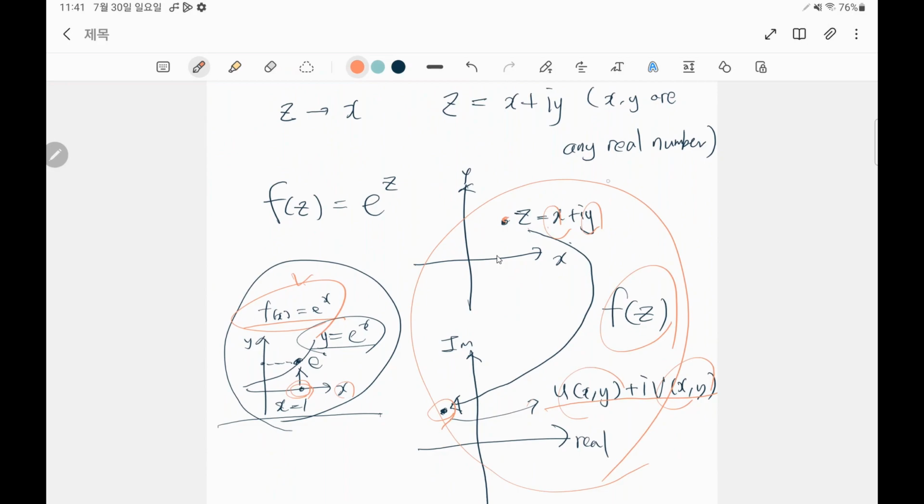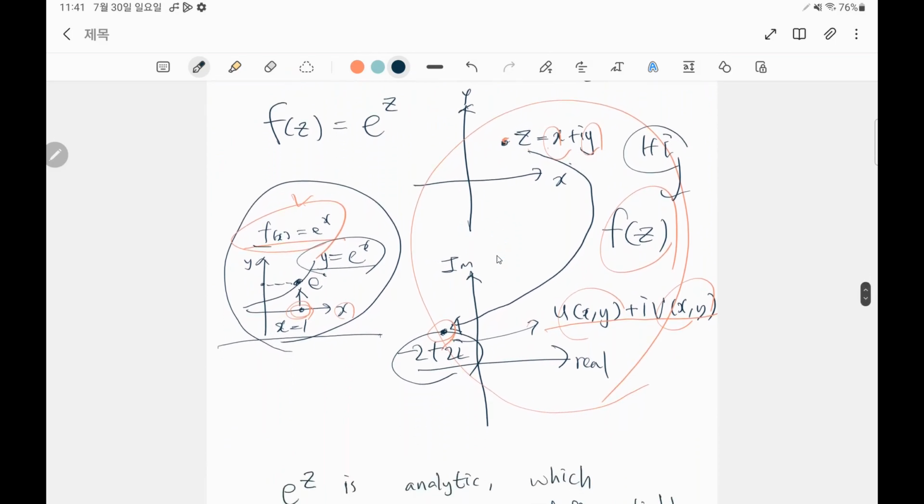Generally you can plug in 1 plus i, and it spits out something like minus 2 plus 2i. We're used to f(x) equals e to the x, where x is a real number, like x equals 1; you plug it in and it spits out e to the 1, another real number. So we're used to real functions and real numbers, but Euler's formula uses complex variables.